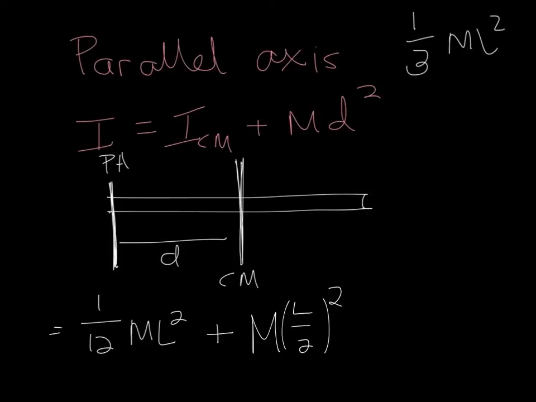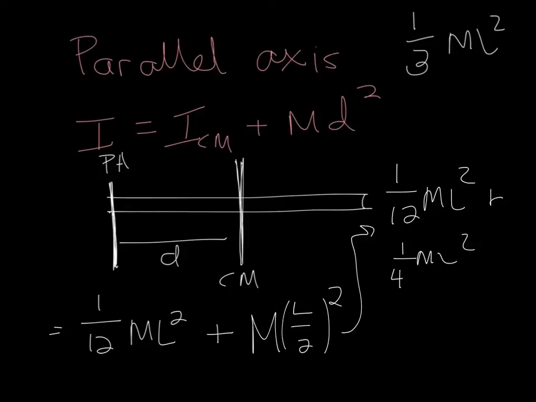So really what you're saying here is that the second term is the total mass of the object, and its position is located at the center of mass of the object, right? So we're assuming that all the mass is at that point. If we simplify this, we've got 1/12 ml squared plus 1/4 ml squared, and if we find a common denominator for that, we should get 1/3 ml squared.